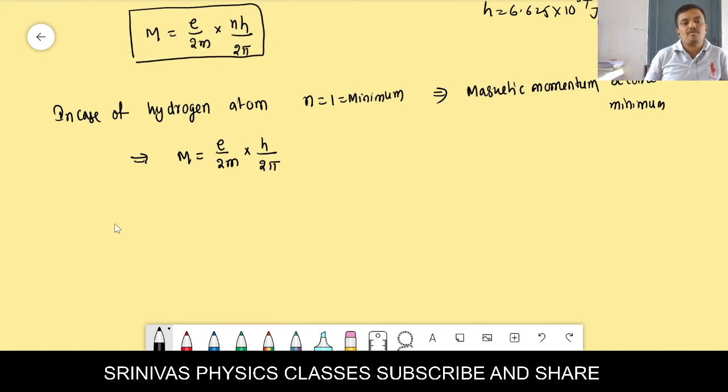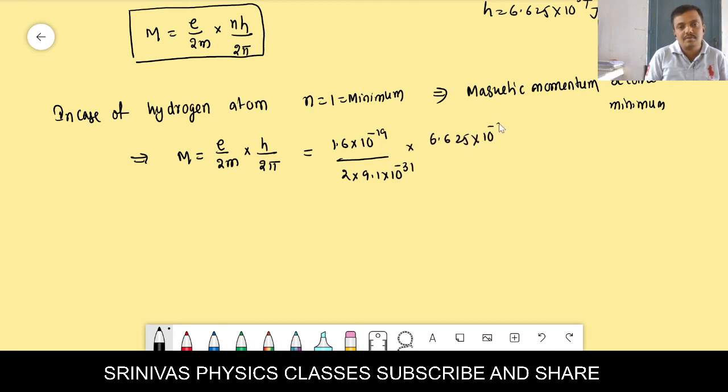Then next, the minimum value of magnetic moment we find out here. We substitute the values here: 1.6 into 10 to the power of minus 19 by 2 into 9.1 into 10 to the power of minus 31 into 6.625 into 10 to the power of minus 34 by 2 into 3.14.